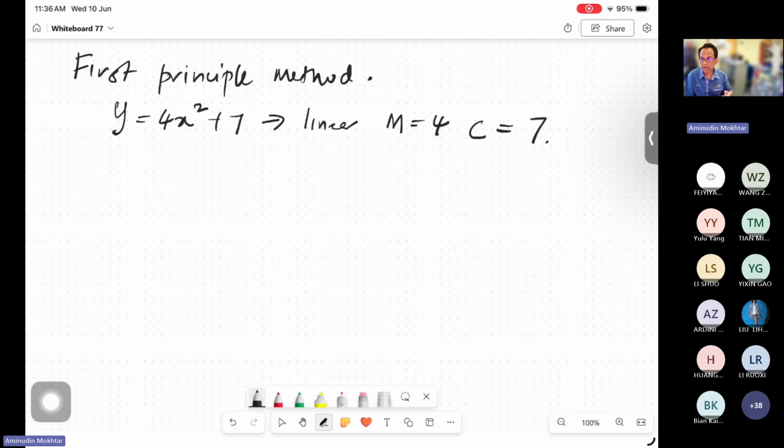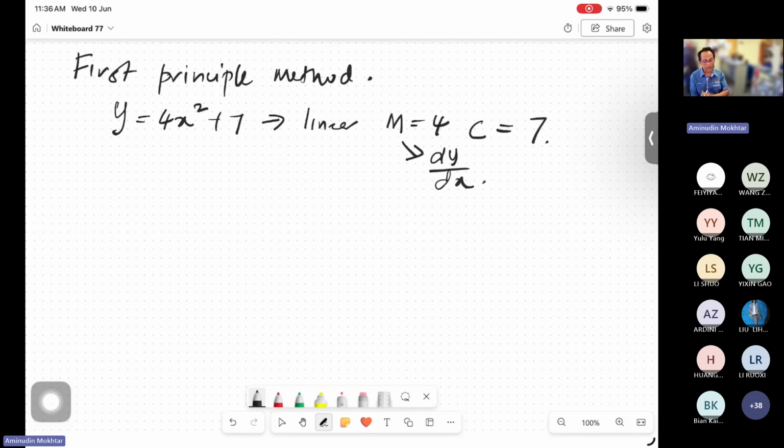You have learned about this in topic 1. We know this is a linear function. This linear function has m equal to 4. The slope is 4, and then c is 7. This m is also known as dy/dx, the first order derivative.